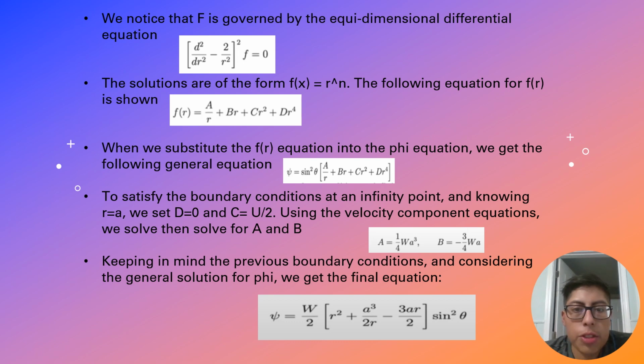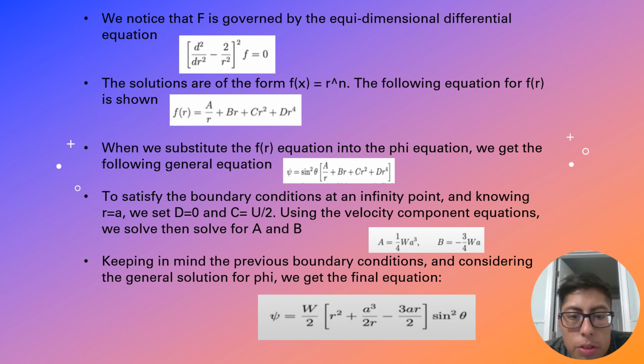We notice that f is governed by the equidimensional differential equation shown below, where d squared over dr squared minus 2 over r squared, and this whole section squared times f is equal to 0. The solutions are of the form f of r is equal to r to the n power. The following equation for f of r is shown down below.